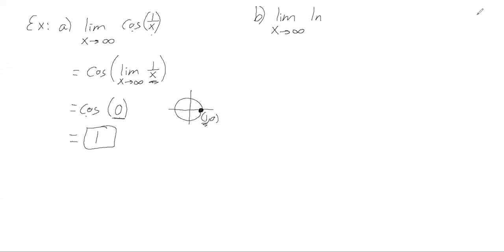Natural log of x plus 1 over x. All right, outside function, natural log, inside function is this rational function. So let's try to pull that limit to the inside. So we're going to have the natural log of the limit as x approaches infinity of x plus 1 over x.